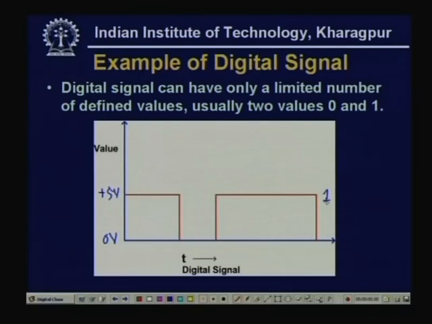So, here as you can see, the signal has two distinct values. Here it is say 1 1 0 1 1 1 and 1. So, in terms of ones and zeros, the digital data is converted. So, in digital data we have only two different values.